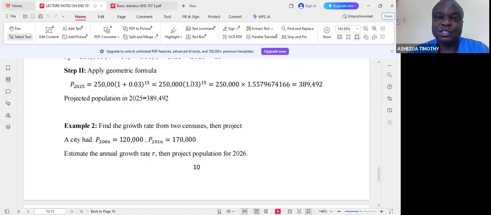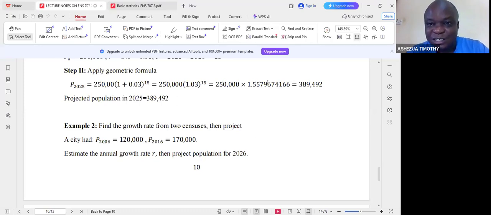How you will do this is 1.03 times 1.03 fifteen times, or if you have a very good functional calculator, you do 1.03 raised to the power 15. You can see how my figures are lengthy: 1.5579674166.